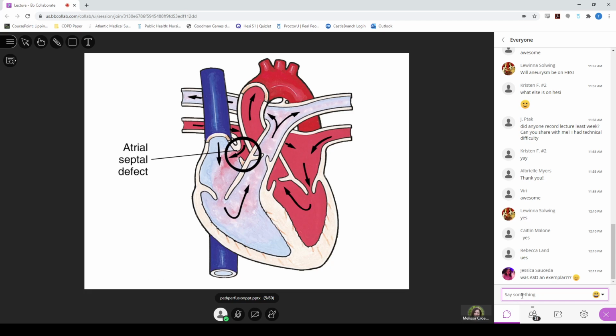Surgical closure is recommended before school age. And that's because if it's not corrected, they'll end up compensating on their own, and it causes more problems in the long run. It puts them at risk for arrhythmias also and congestive heart failure. So ASD and VSD are both increased pulmonary blood flow.